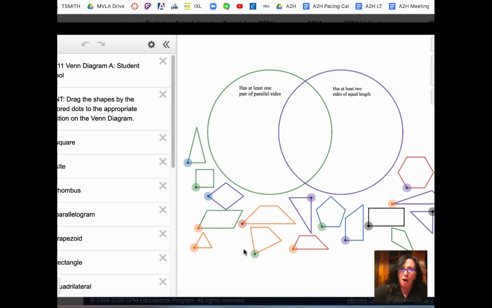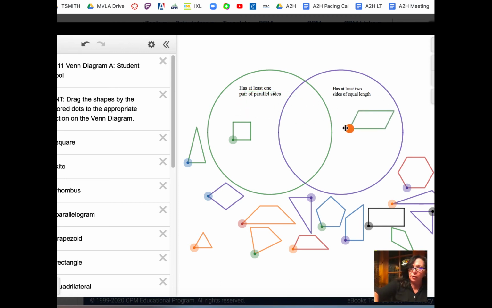And so your job is to take a minute and to classify these shapes, and I want to see that. So for example, has at least one pair of parallel sides. Well, this shape has a parallel side. So you're going to move these shapes here. And then has at least two sides that are equal length.